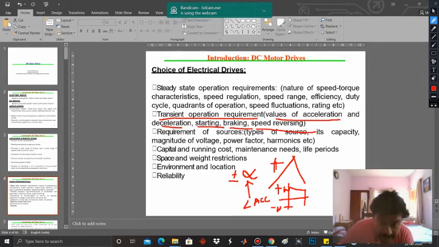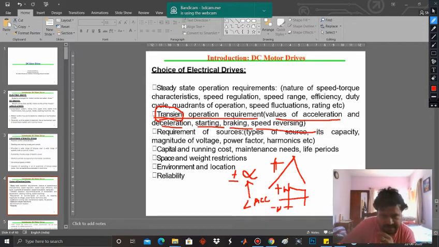So a motor will be subjected to all these changes, and these changes occur for a very short duration, and that's why it is being referred to as transient. In this case, your source will be DC.